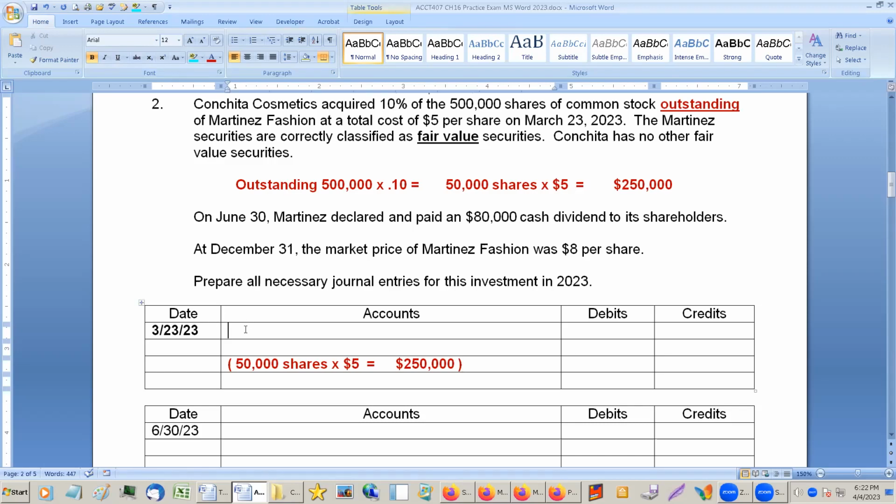Yeah, this will probably be investment, fair value, or just FV. Here, okay. And then our cash is going down.